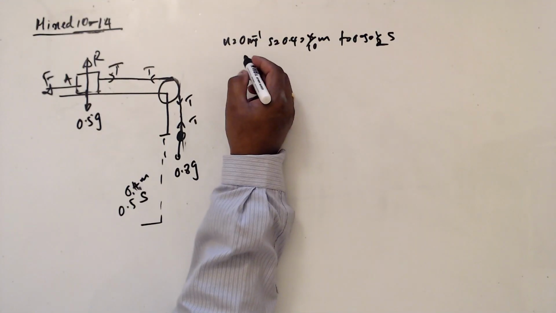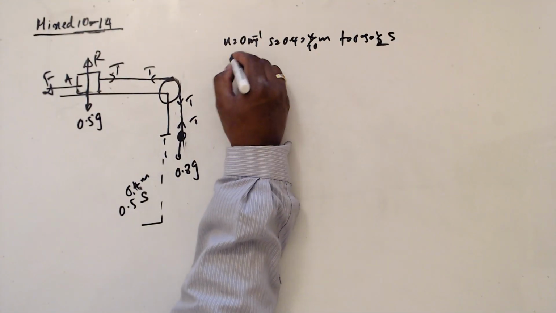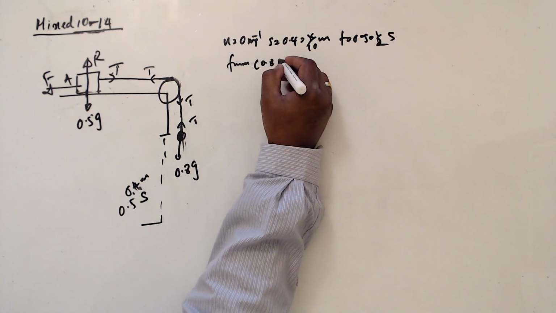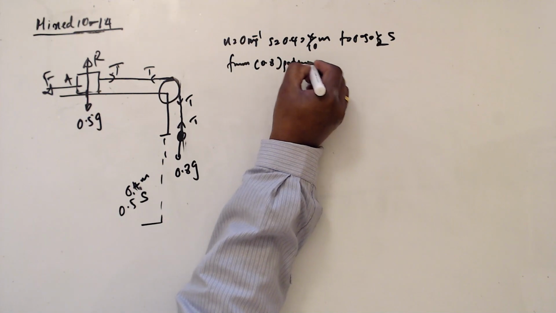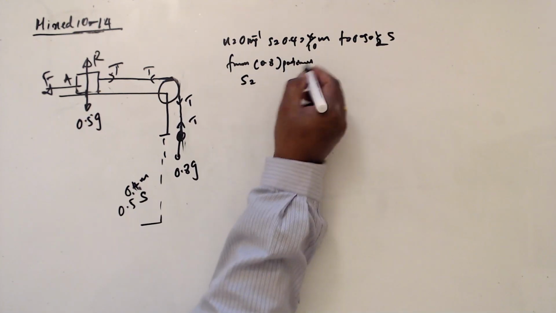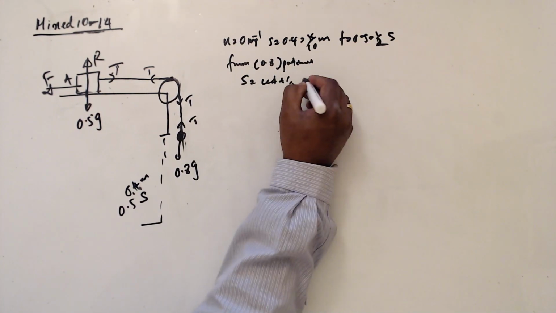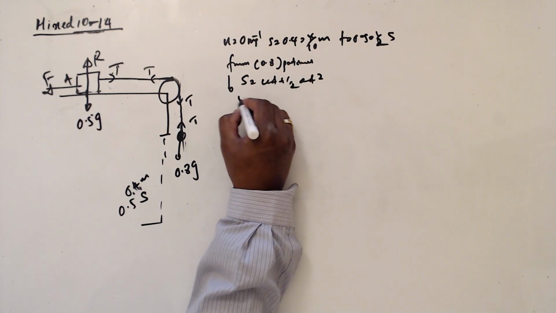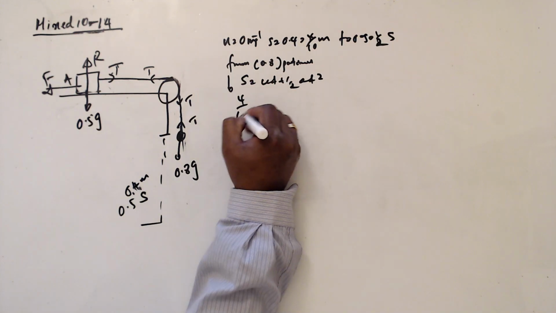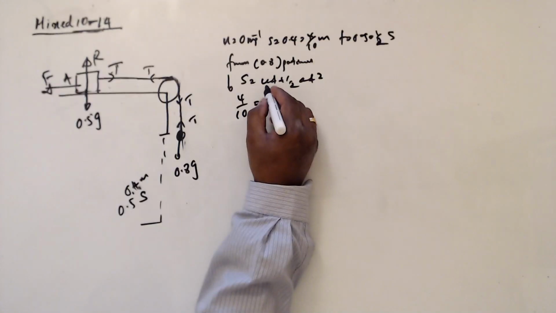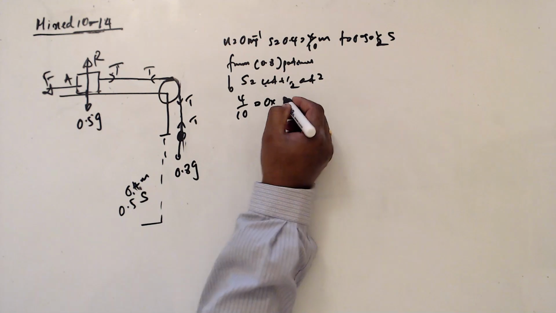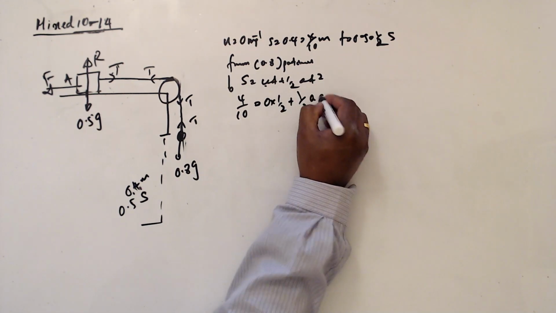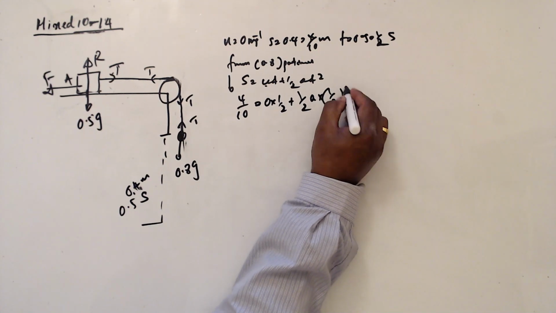And then for the 0.8 particle, s equals ut plus half at². When you put it down, we get 4 over 10, 0.4 meter, equals u is 0 since it starts from rest, plus half times a times half squared.